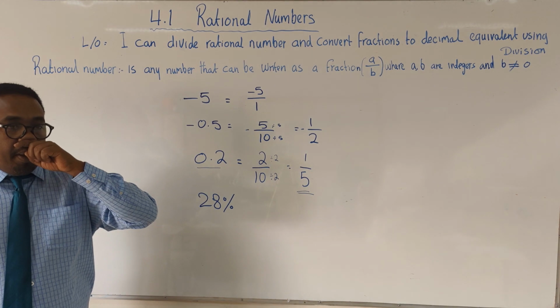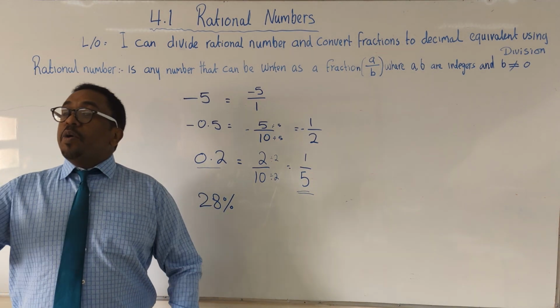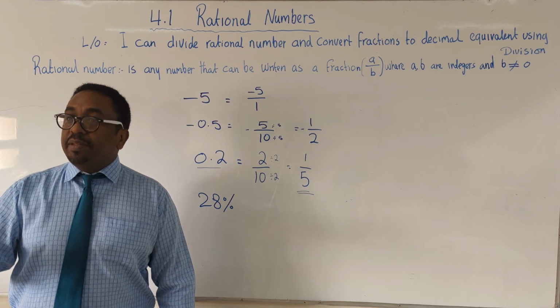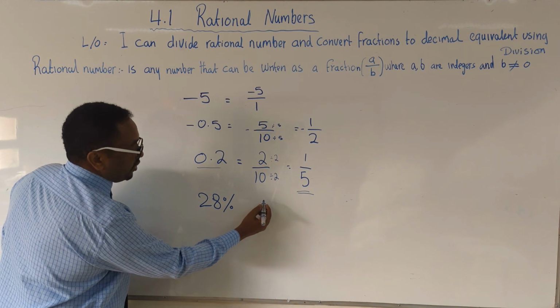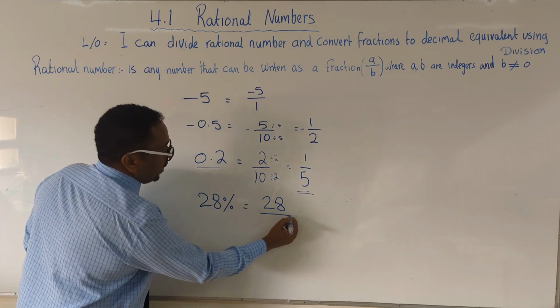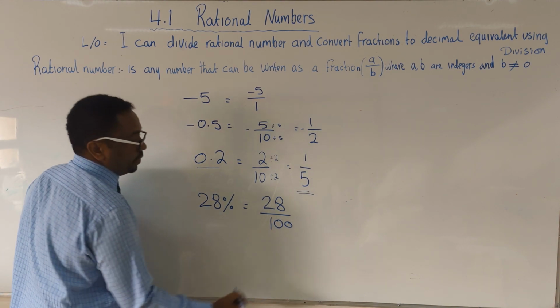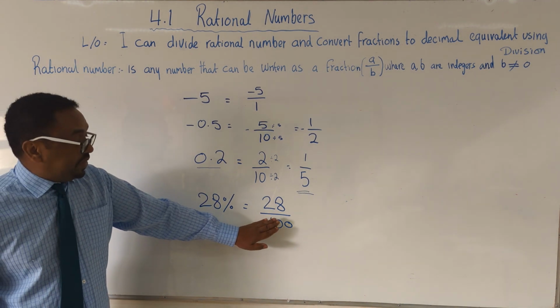You have to divide it by 100, exactly. Remember, percent means 100. It means divide by 100. So all you have to do is write down 28 divided by 100. Okay? So now we have this as a fraction.